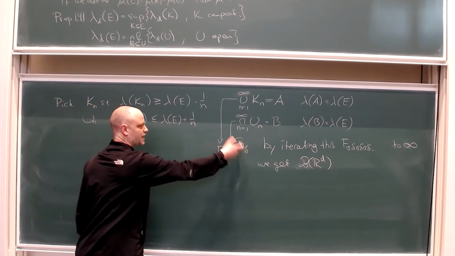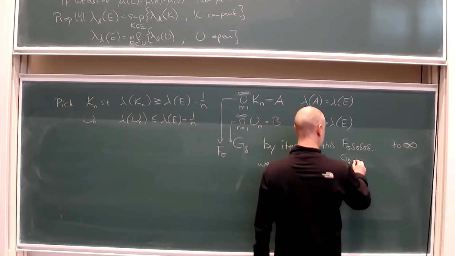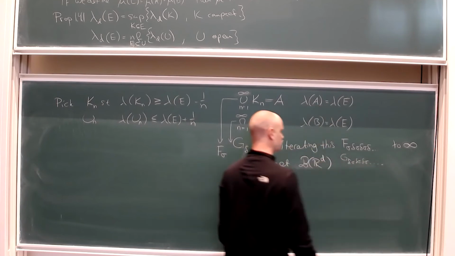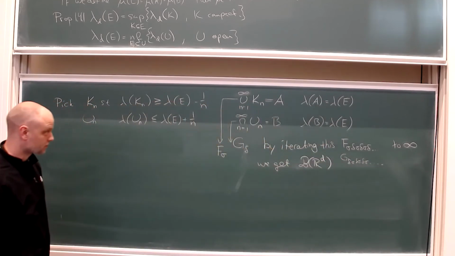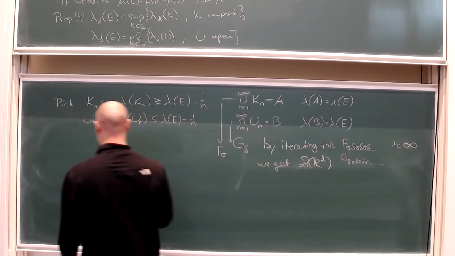And the same with the G deltas, I just pick one of them. Here, okay, that works as well. Okay, so we have a way of constructing the Borel sigma algebra.